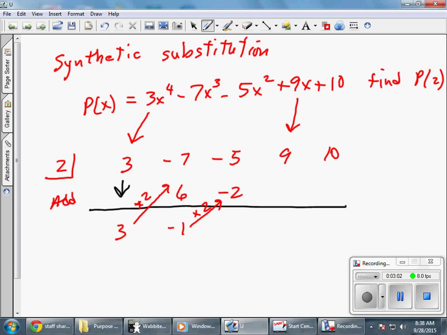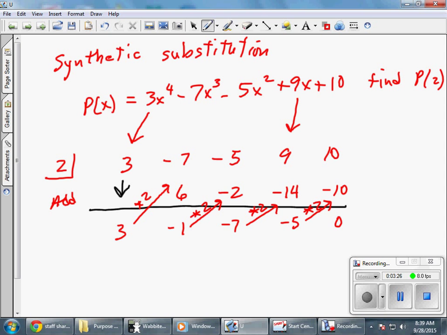What do I get? -7. What do I do next? Multiply by 2, and I get -14, and then I'm at -5, and then what do I do? Multiply by 2. -10.